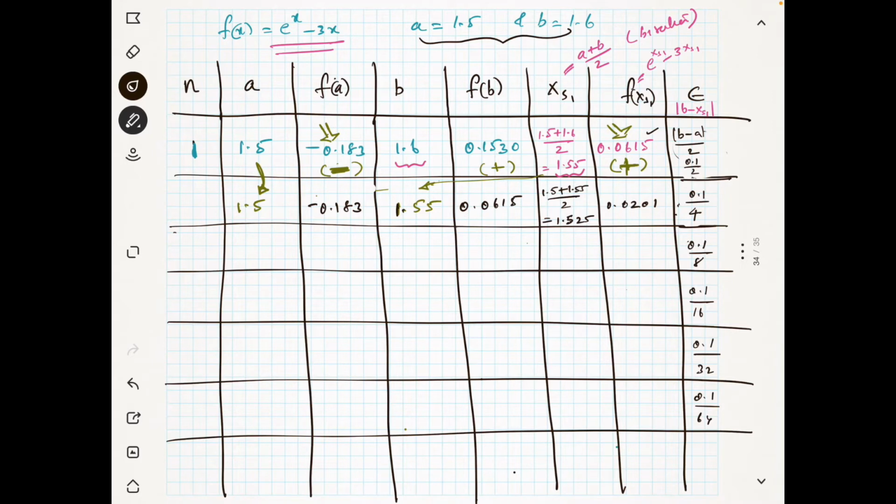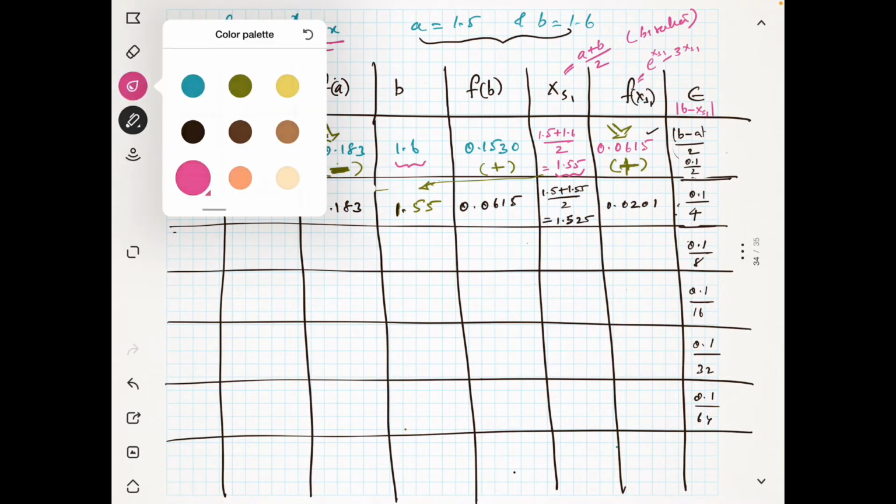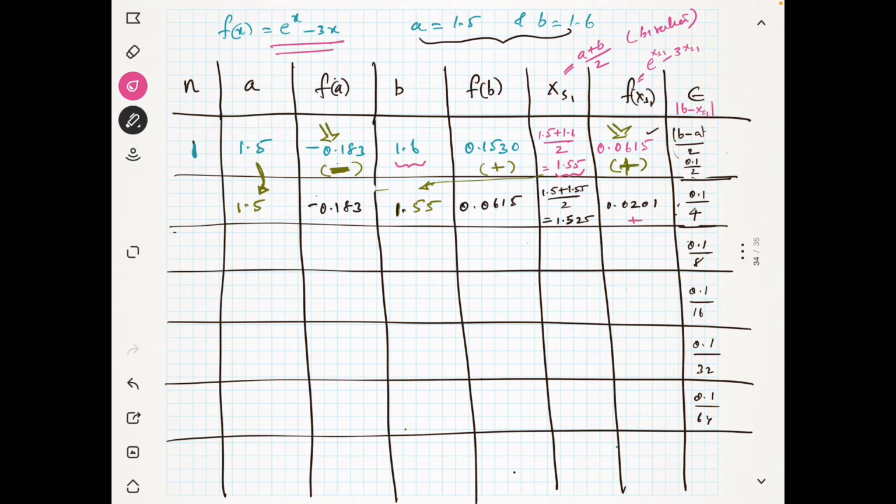Now we will see that we have seen that this answer is positive, okay, 415.25, and this answer is negative. So the answer is between a and new x's. Because this is positive, there is no solution or root between b and x's.